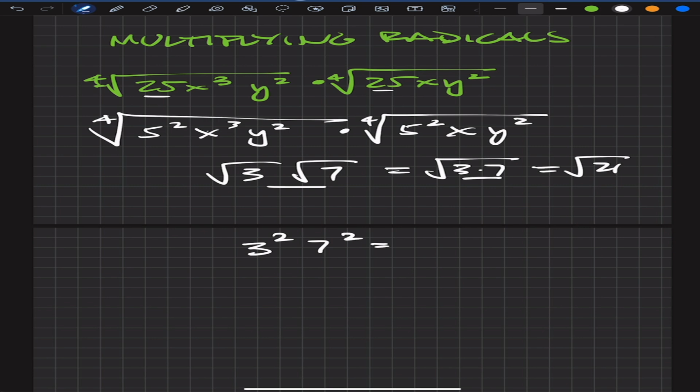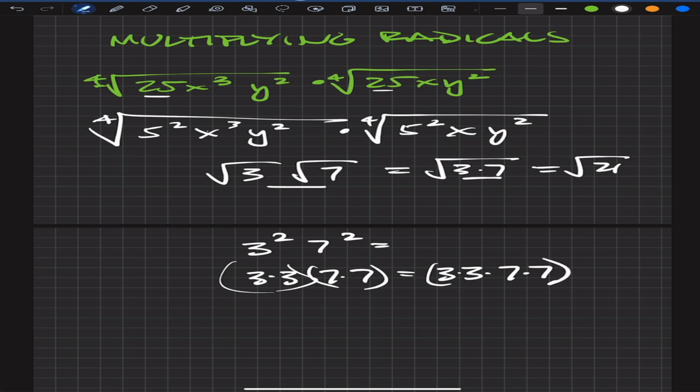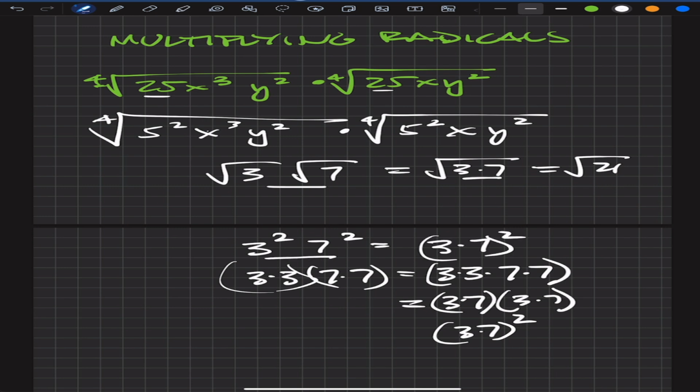Squared. Well, this is two 3's being multiplied, and this is two 7's being multiplied, right? But if I regroup those, that's those and these, or you can think of it as this and this, and this and this, which is really 3 times 7 being multiplied twice. So in other words, I changed this to be this, right?